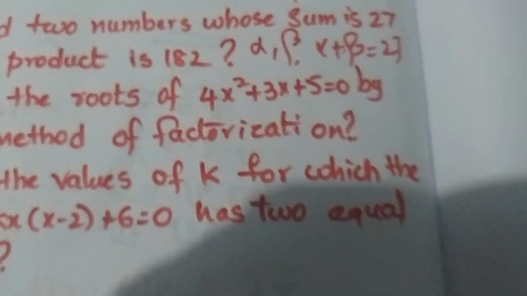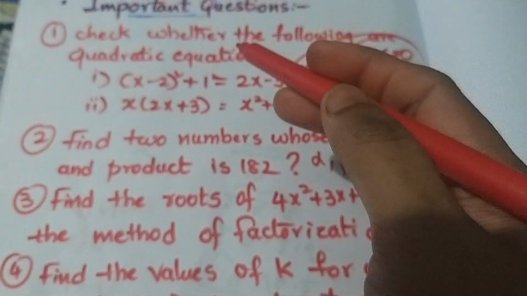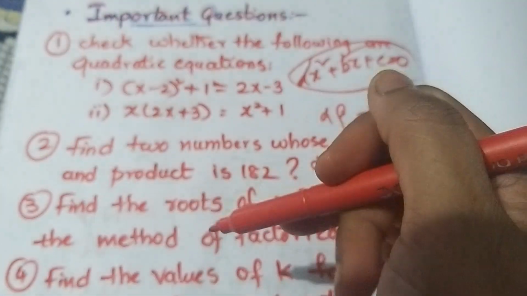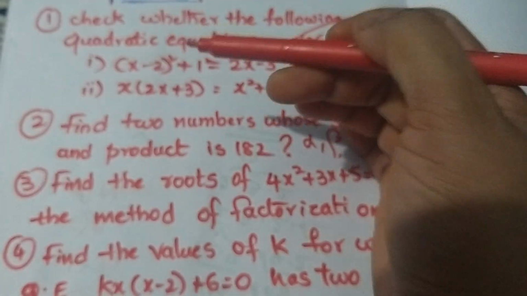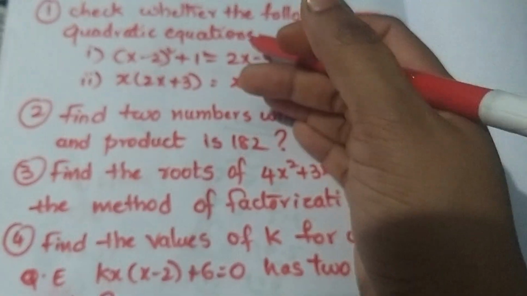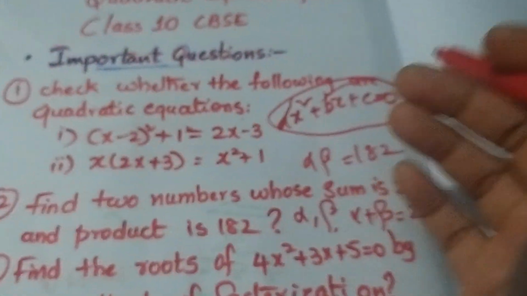Like this we have to do the problems. We have to practice problems like these. These are the repeated questions. This way questions are asked in the quadratic chapter. So practice these important questions, children.